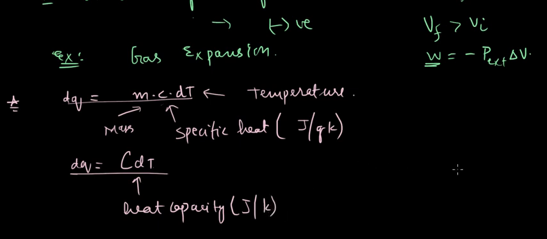Again, C can have two forms, which are Cp and Cv.